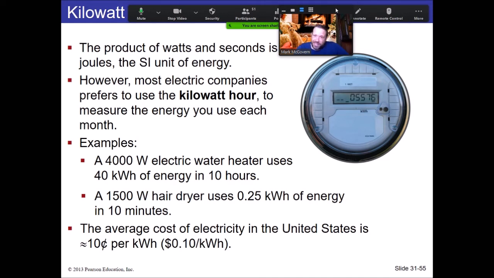That doesn't sound like a lot, but if my air conditioner's running 12 hours a day, for 30 days, that's hundreds of dollars. But the average cost of electricity in the United States is 10 cents per kilowatt hour? I don't think so, not anymore.